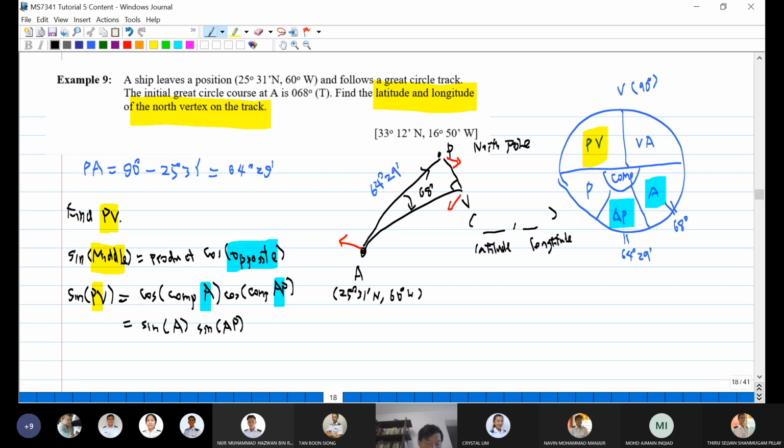So this is an easy way out. So sine A is 68 degrees, sine AP is 64 degrees 29 minutes. So press the calculator and see whether I have it.